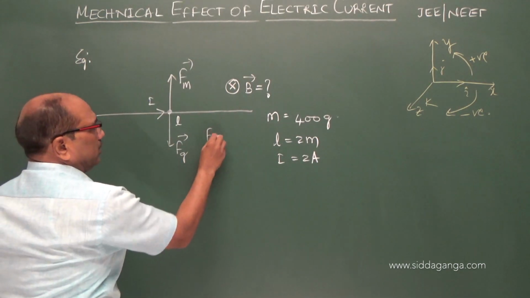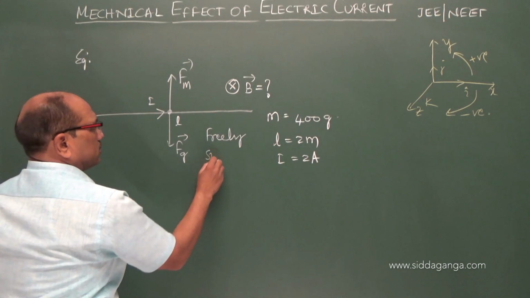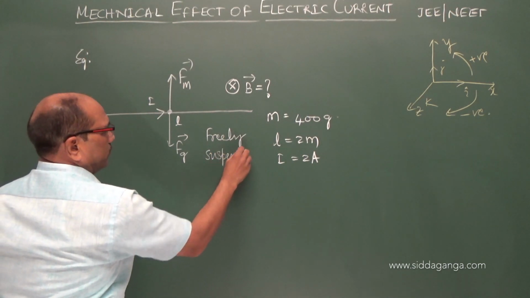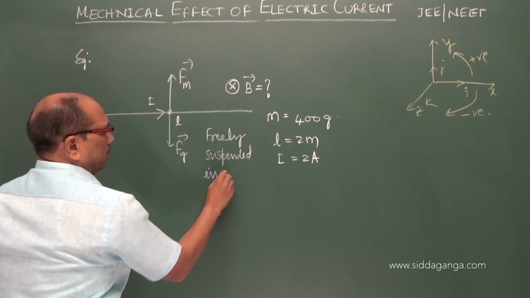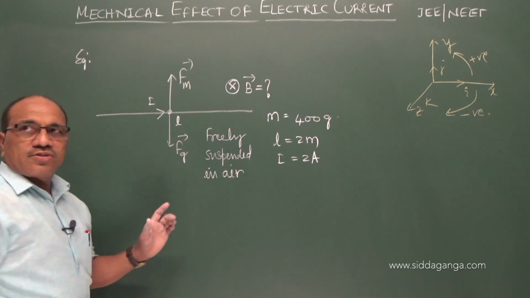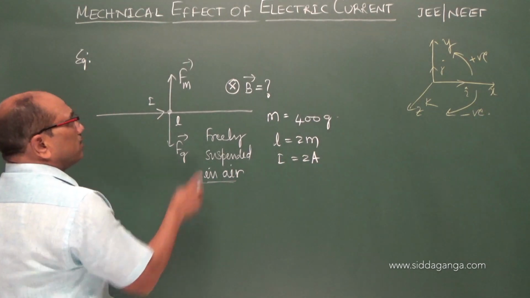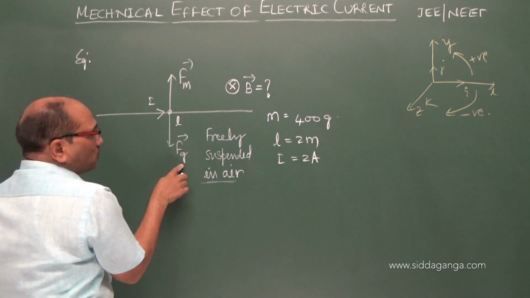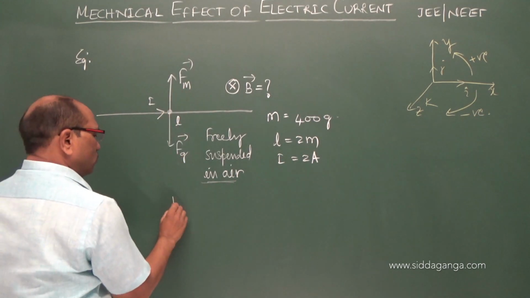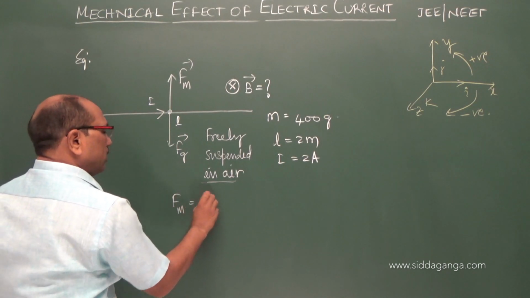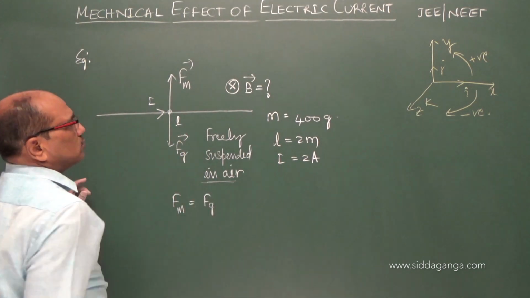Freely suspended in air implies clearly that Fm is opposite to Fg. The magnetic force is equal and opposite to the gravitational force.